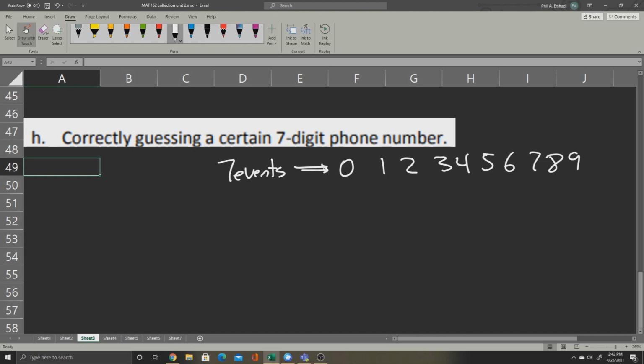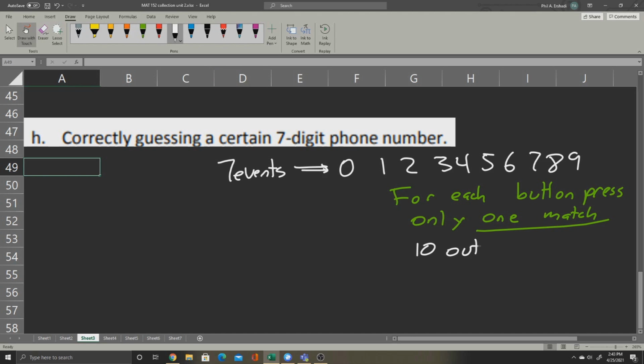And in those 7 events, any of these numbers could match. Now, we don't know which numbers match, but we can say that for each time we press a button, only one of them can be correct. And if we count the number of digits, we can see that there are 10 outcomes per button press.